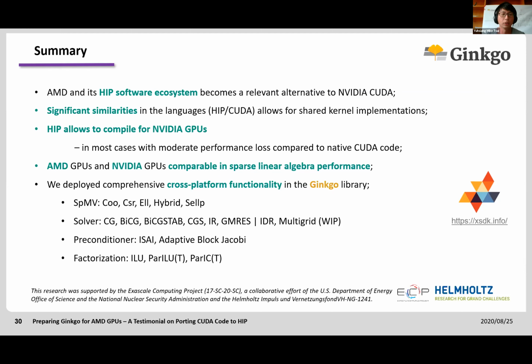For now, Ginkgo already supports all functionality for NVIDIA or AMD. We have 5 formats of SpMV, and we have a lot of Krylov solvers, and also for ILU and multigrid it is work in progress. And also we have some preconditioners, such as adaptive block Jacobi, and some factorizations, ILU or ParILUT.